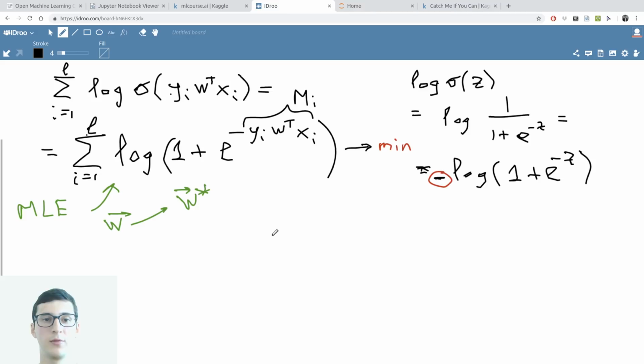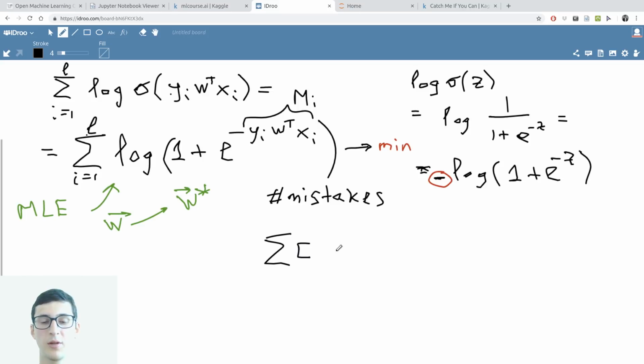So a popular metric, so how many mistakes we've made with classification, actually the number of mistakes or incorrect classifications. So this number will be given really simply.